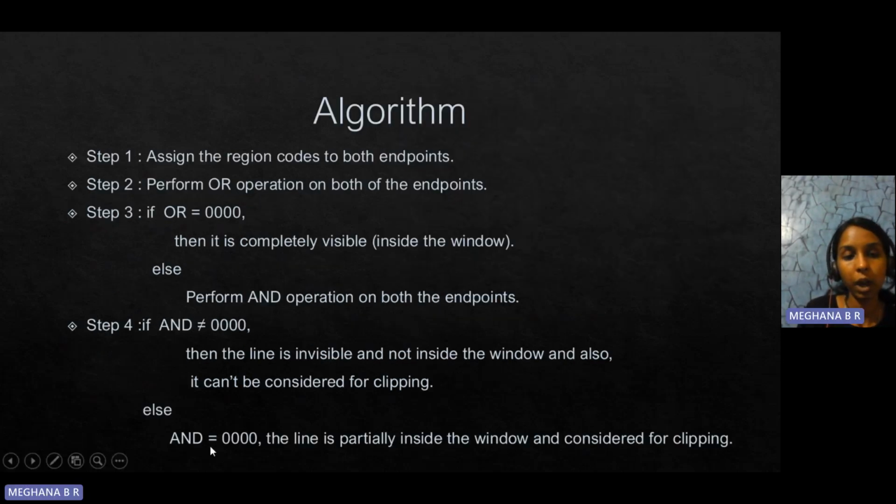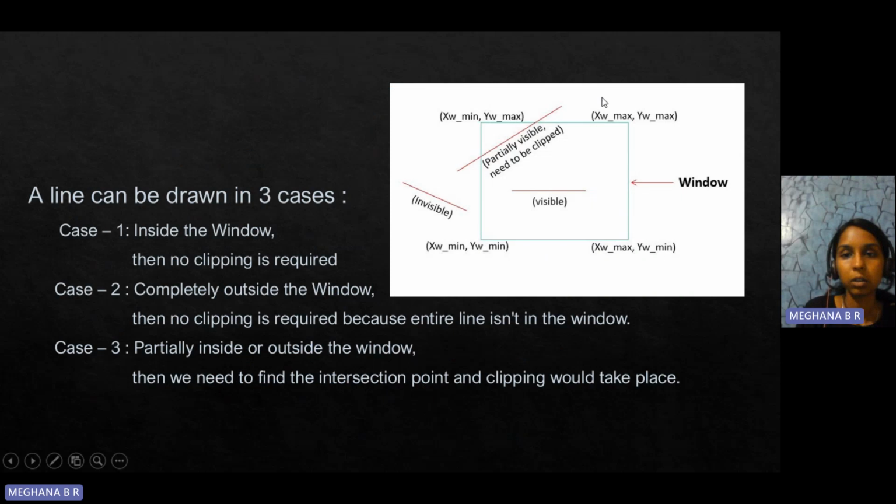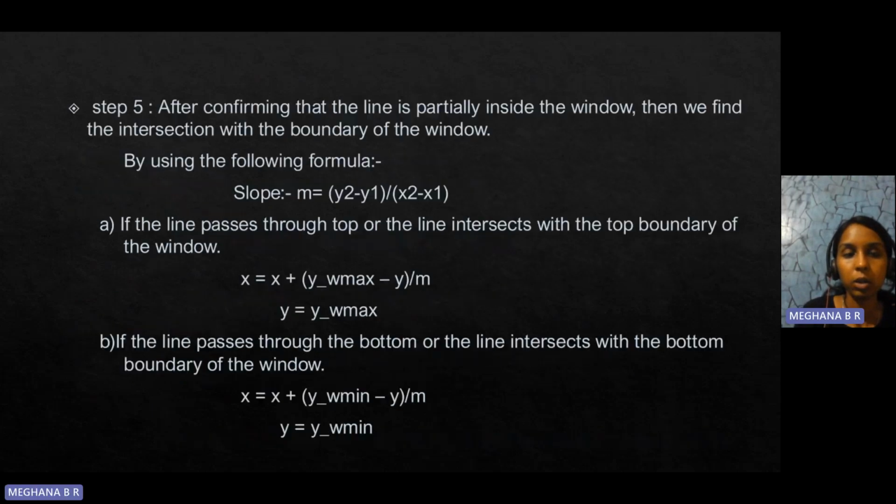Else, if the AND operation also gives 0000, then the line is partially inside the window and considered for clipping. That is case 3. Step 5, after confirming that the line is partially inside the window, is to find the intersection with the boundary of the window.